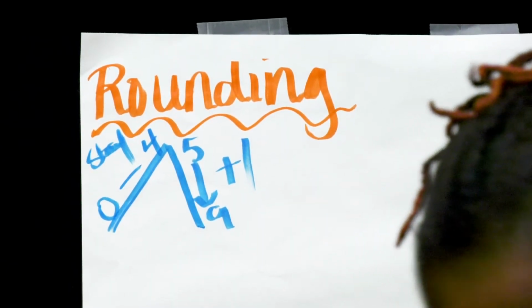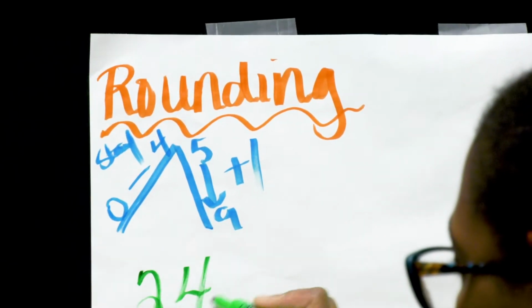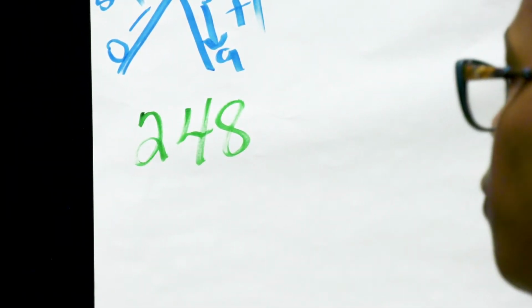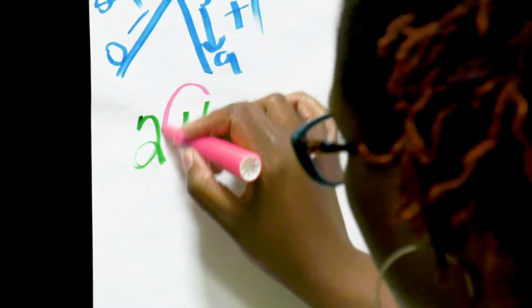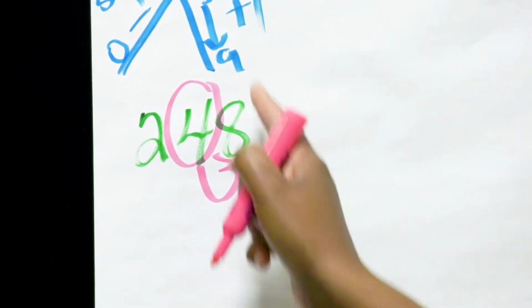So let's say we have the number 248. Okay, and I said round that number to the nearest tens place. Remember that wrap, tens place. If I'm rounding to the nearest tens, I'm gonna find that place value, circle that digit, move to the right, underline, get it. Where am I getting it from?